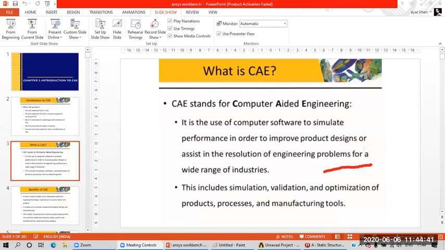We are doing ANSYS Workbench, and CFD is a very different area. Whenever we study the behavior of fluids, it can be air, water, nitrogen, liquid, whatever it is, it doesn't matter. Studying the behavior of fluid comes under CFD, computational fluid dynamics.